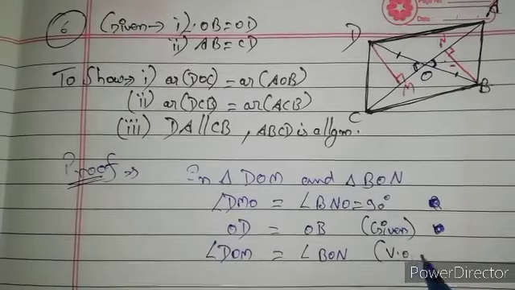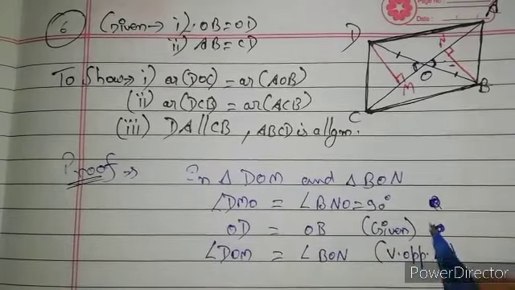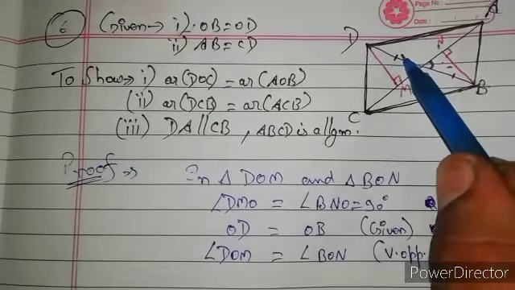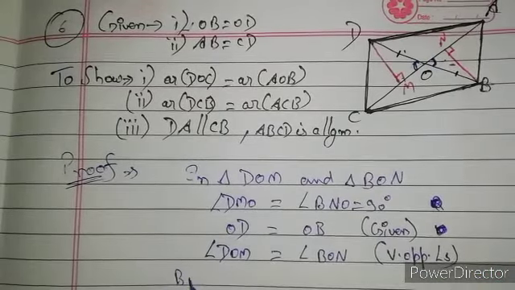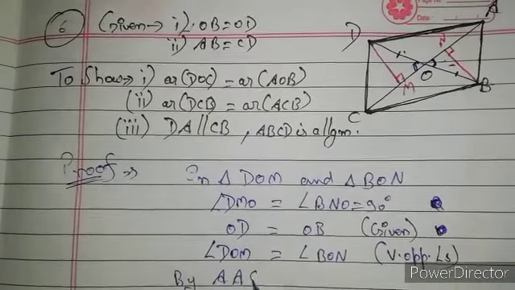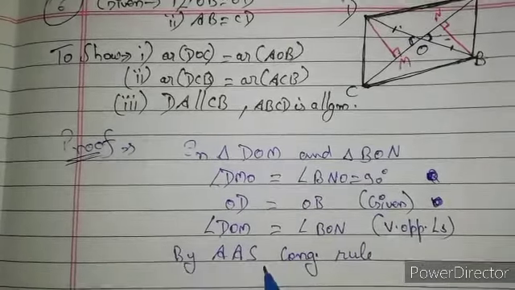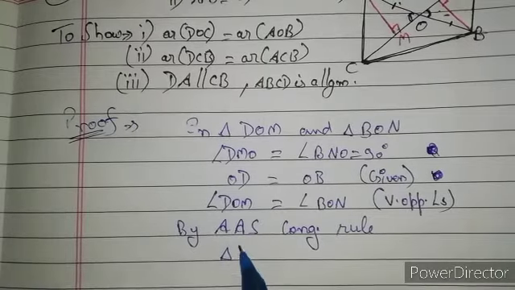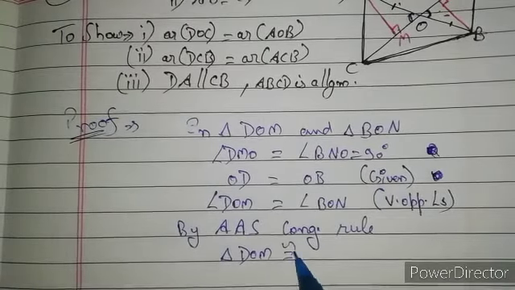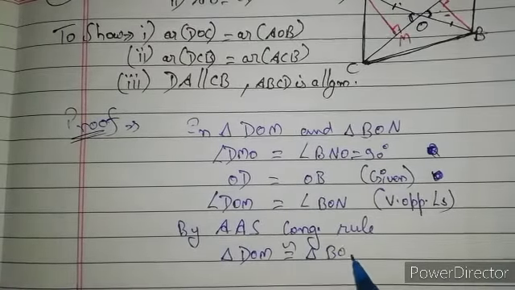These are vertically opposite angles. So by the angle side congruency rule, these two triangles are congruent to each other, that is triangle DOM is congruent to triangle BON.